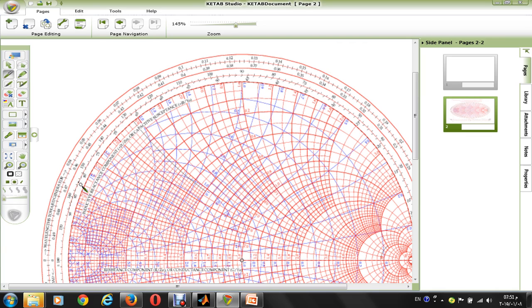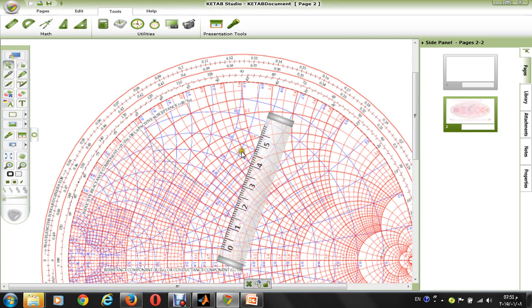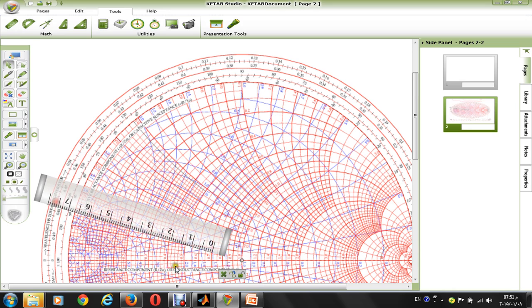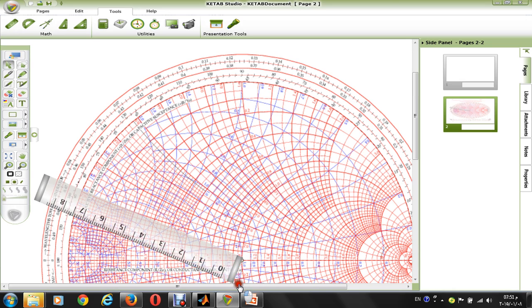I want 155. Then my direction is the ruler. I take the ruler and from the origin I want to draw the line. I will try to be as accurate as I can.